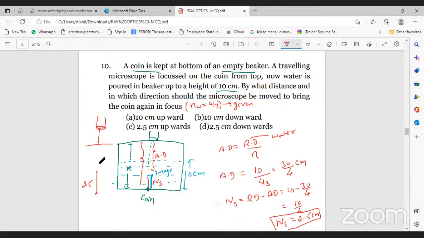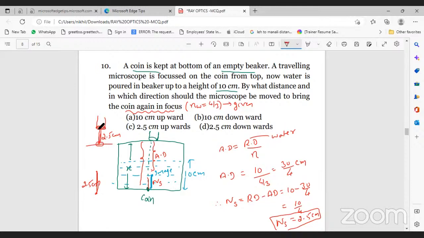If the object coin is moved by 2.5 centimeter, the traveling microscope position has to move by the same distance, no? So in order to get focus again, since the coin is shifted by a distance of 2.5 centimeter, the traveling microscope should move upward, right?